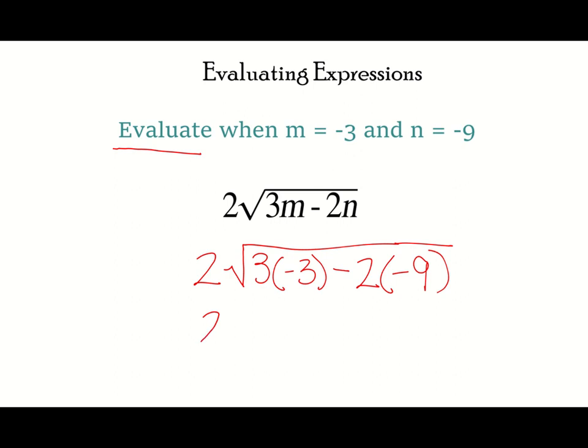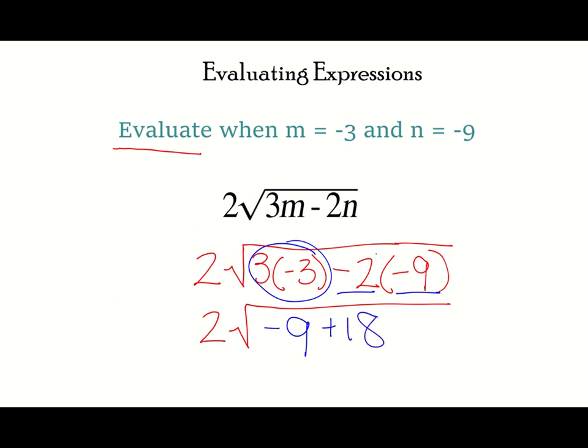So I'm going to start inside that square root symbol and simplify it. So 3 times -3, that gives me -9. And then here you can think of this as a -2 and a -9. That's a positive 18. So when I finish up simplifying the square root, -9 plus 18, that's going to give me 9. So I'm left with the square root of 9 and then 2 on the outside.